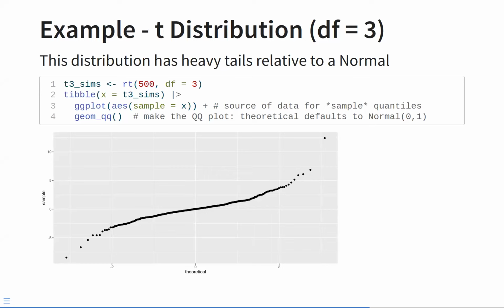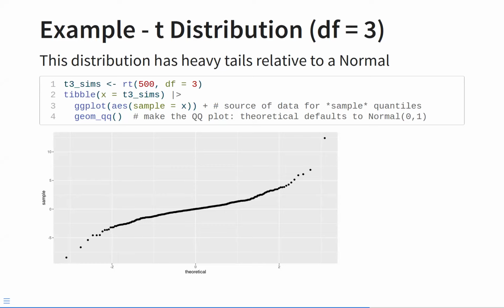So what I've done here is I've shown you that the t distribution has heavy tails relative to a normal. I've chosen a t distribution with 3 degrees of freedom, which ensures that it actually has a mean and variance that are well defined. And I have made 500 draws from this distribution. I'm stacking them up into a tibble, and then I'm using ggplot to make my QQ plot.